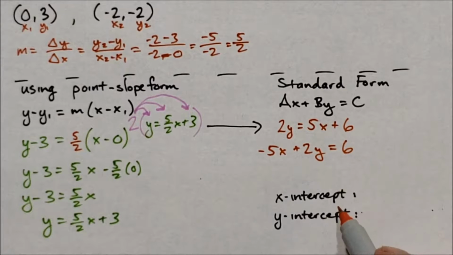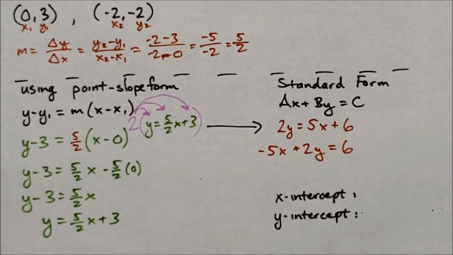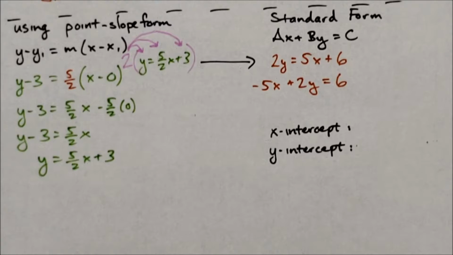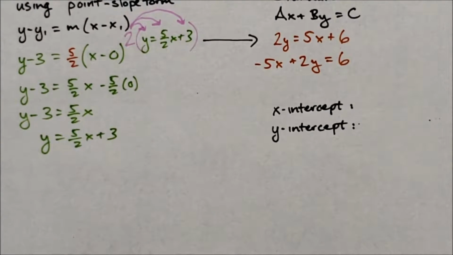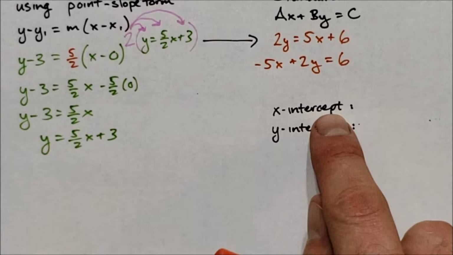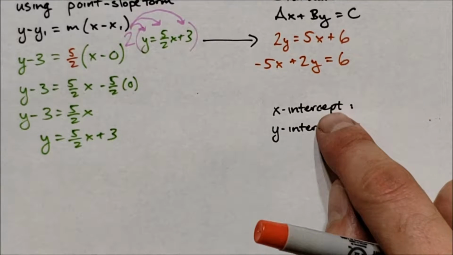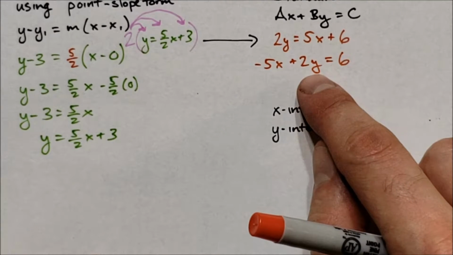From this point, it's easy to find our x and y intercepts, or our axial intercepts, because we're just substituting 0 in for the x and the y. If we're finding our x-intercept, we're going to put 0 in for y, because that's on the x-axis, where y is equal to 0.